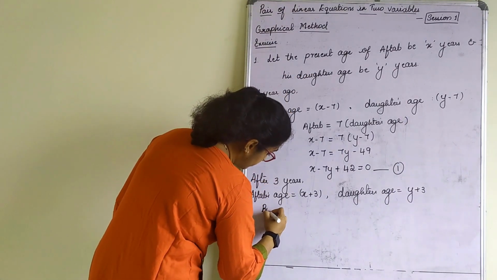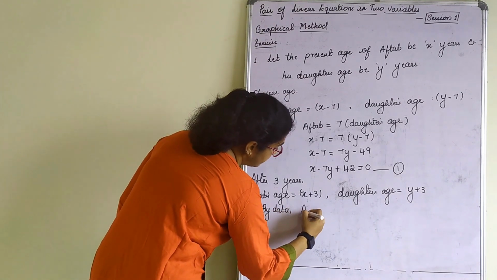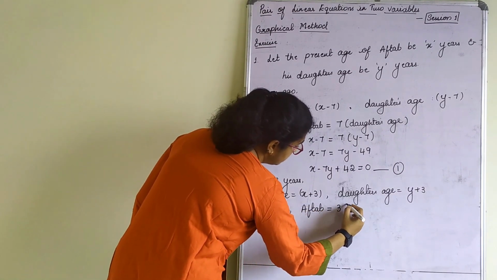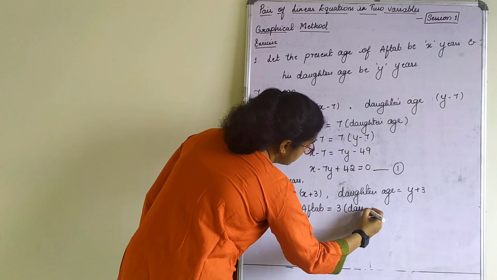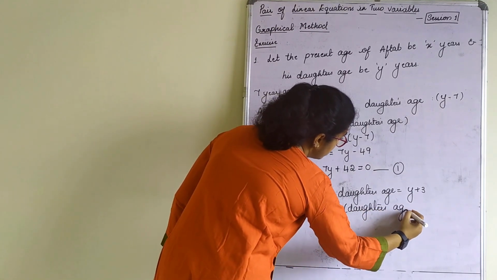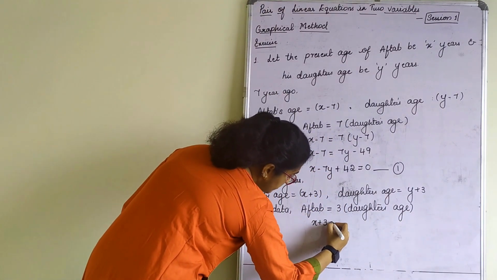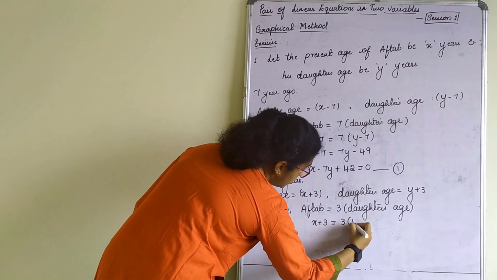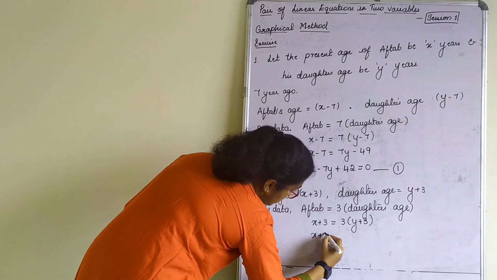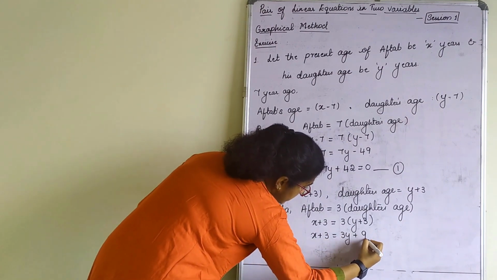Again, by data, Aftab will be 3 times his daughter. How do you write it? Aftab is x plus 3. That is equal to 3 of y plus 3. X plus 3 is equal to 3y plus 9.